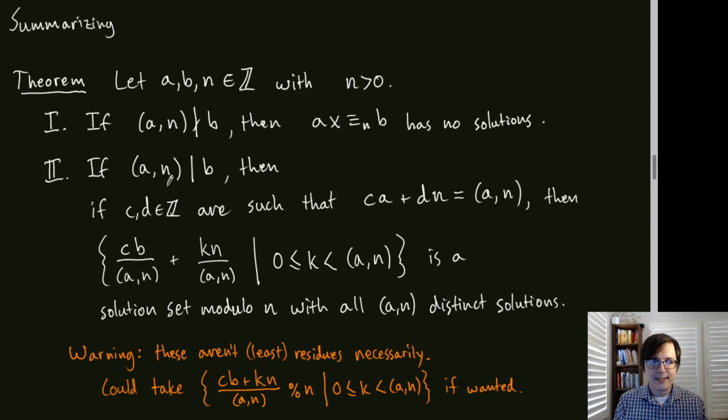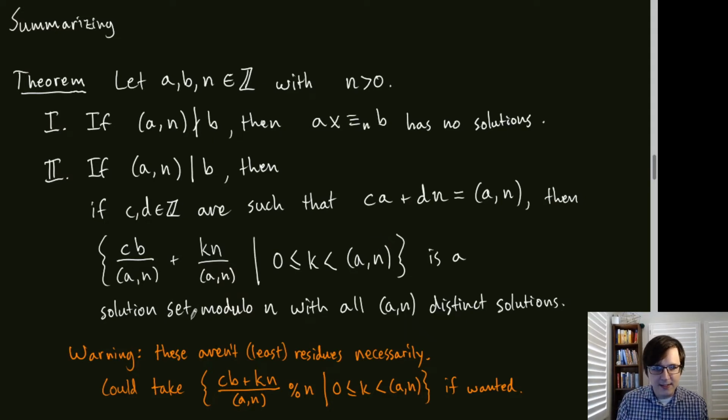And otherwise, if it does divide, then letting c and d be two integers that must exist by Bézout's identity, such that the GCD is this integer linear combination of a and n using them, then we can write the solution set as c times b over the GCD plus k times n over the GCD for all k from 0 up to but not including the GCD.